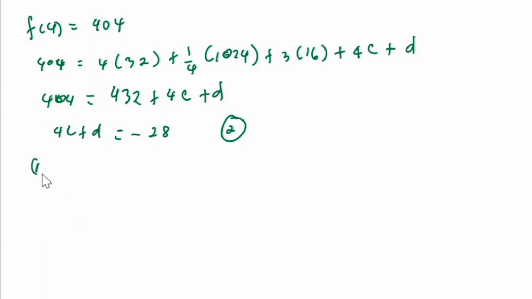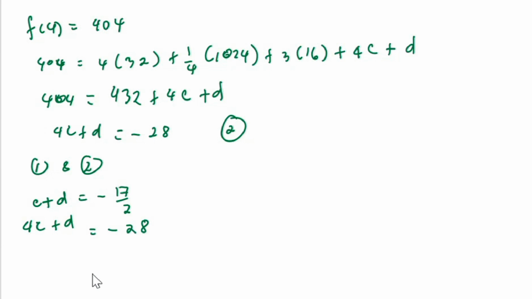So combining now equations 1 and 2, the first equation is c plus d equals negative 17 over 2. And equation number 2, we have 4c plus d is equal to negative 28. Okay, so if I decide to eliminate d, I will subtract the two equations.